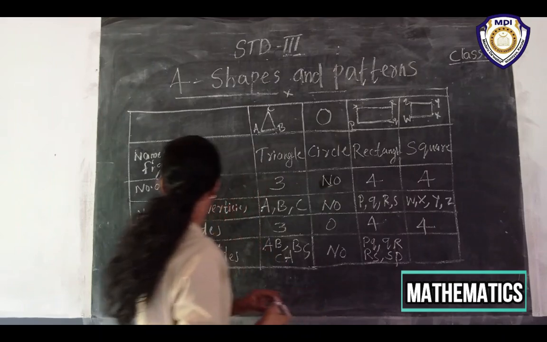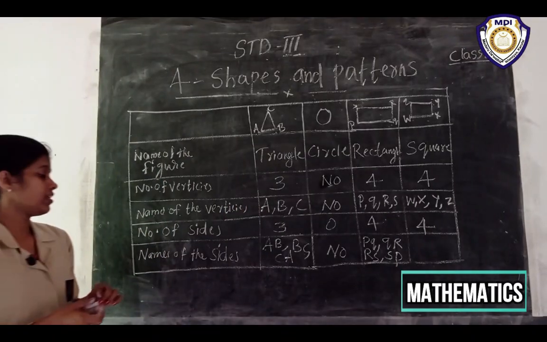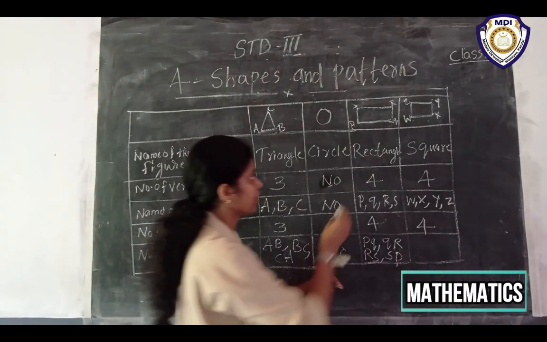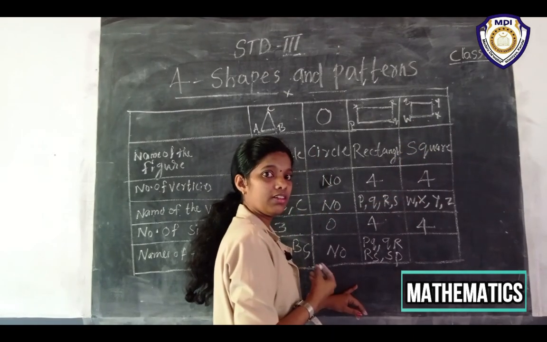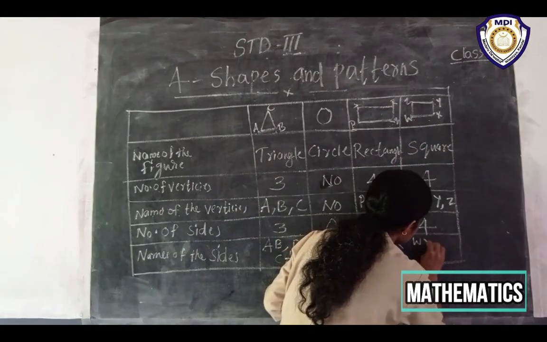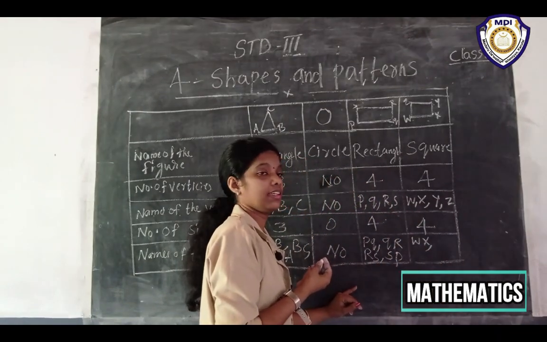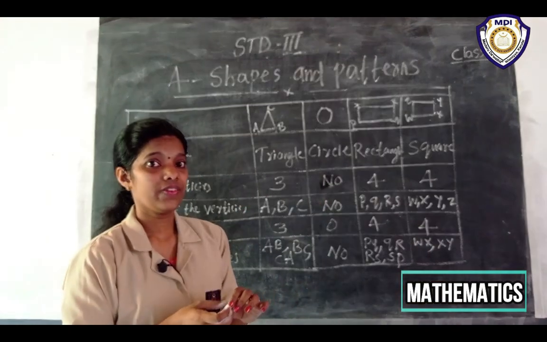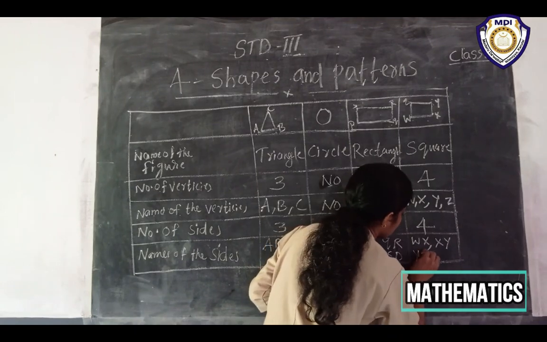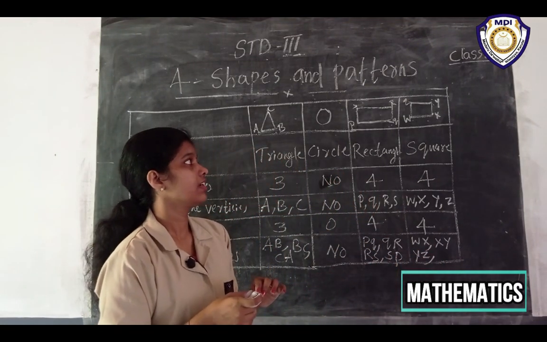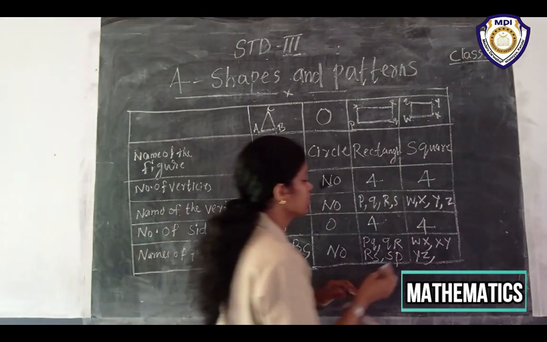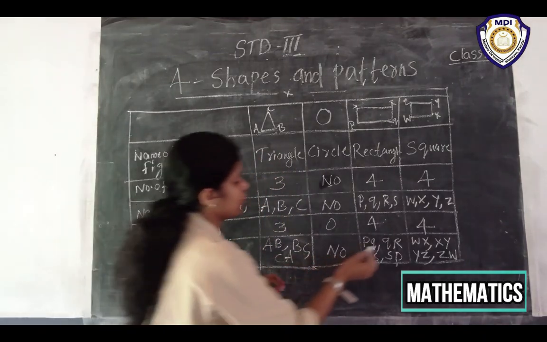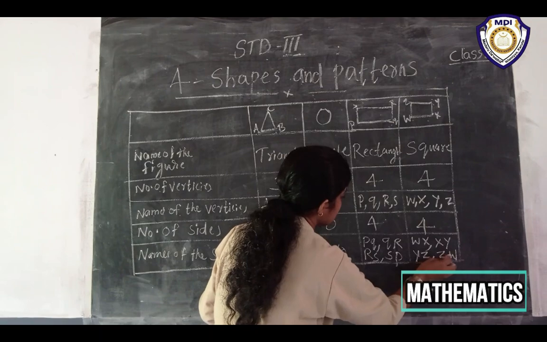Name of the sides: W, X, then X, Y, then Y, Z, and Z, W. W, X, X, Y, Y, Z, Z, W.